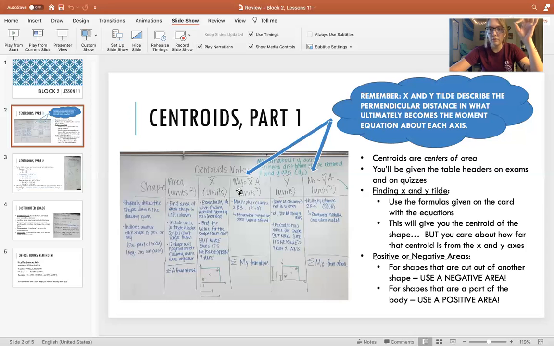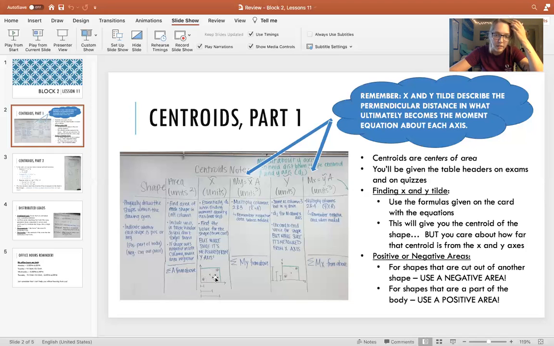So don't be confused by the fanciness of an x tilde, because that figure only represents the perpendicular distance. In the case of My and x tilde, it's the x distance between the centroid of the individual shapes and the y-axis, because you're taking the moment about the y-axis, so you need the distance between the y-axis and the centroid.